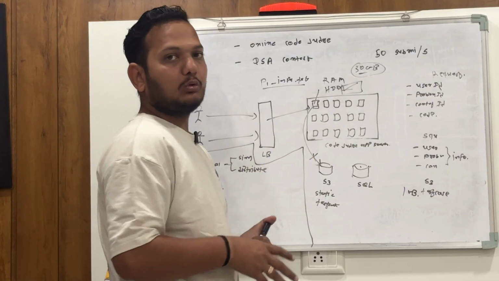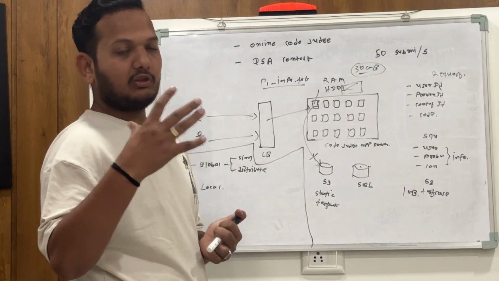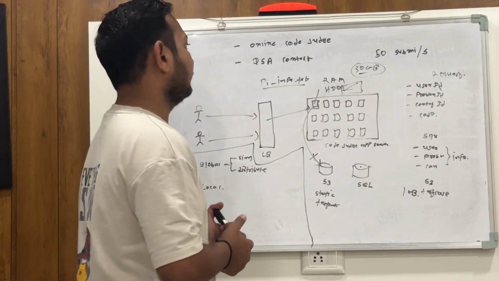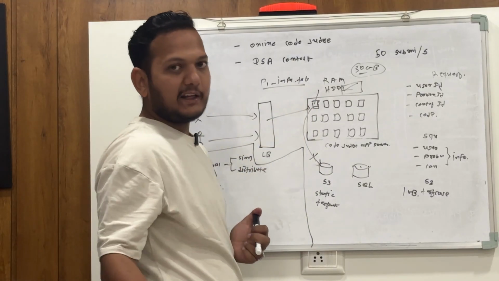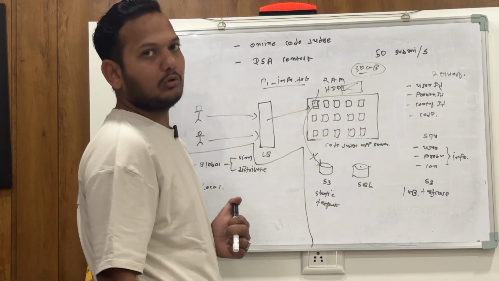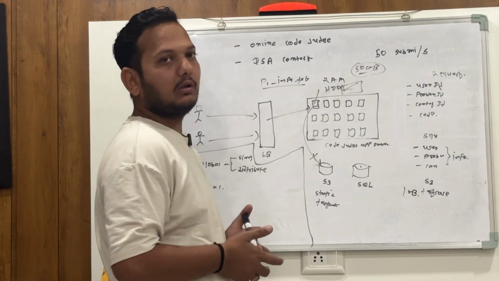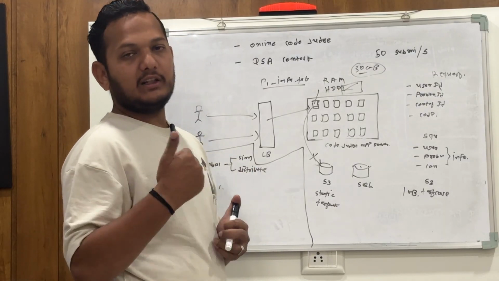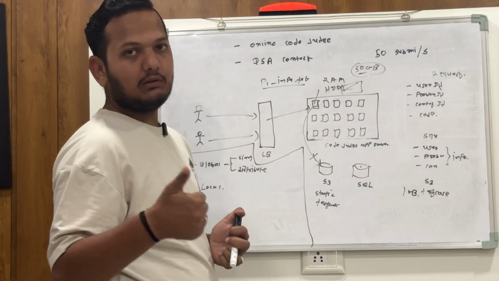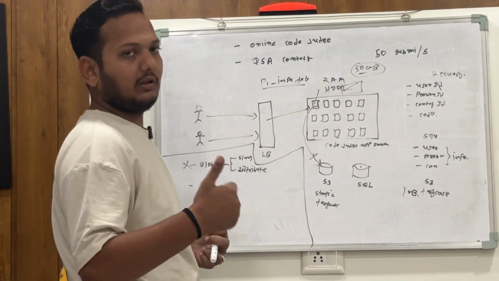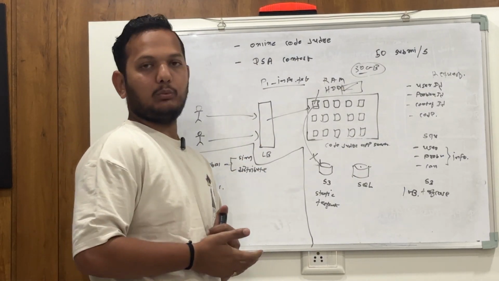So we have to remove some cache. We can use the LRU cache policy, least recently used. Whenever we have to store a new test case file, we remove the test case which is least recently used. So LRU will work. No need to discuss anything more in the eviction policy.